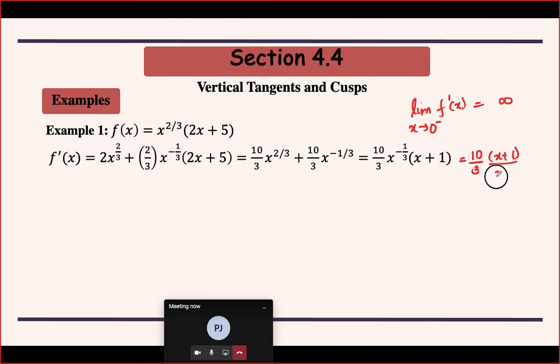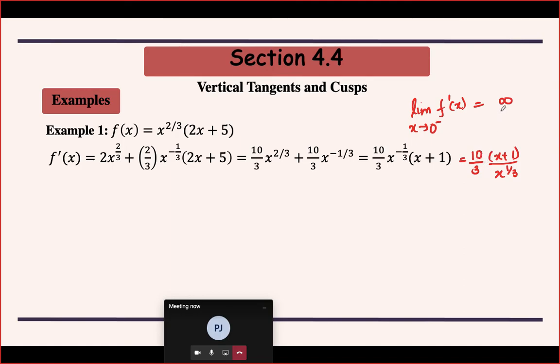If you approach 0 from either of the two sides, you are going to get a 1 by 0 type form. Because the numerator is finite, the only thing which is going to dominate is the 1 by x to the power 1/3 term, and that will make the whole thing infinite. Now when you approach this expression from the left of 0, what value are you going to get?